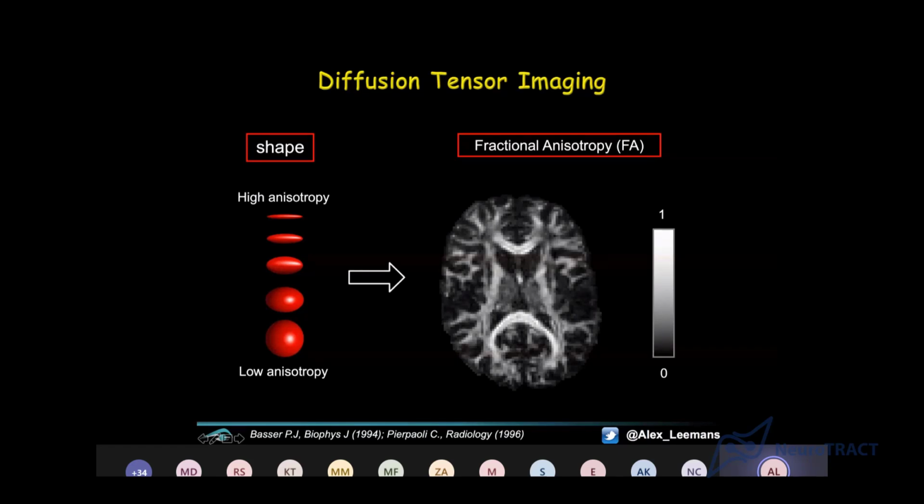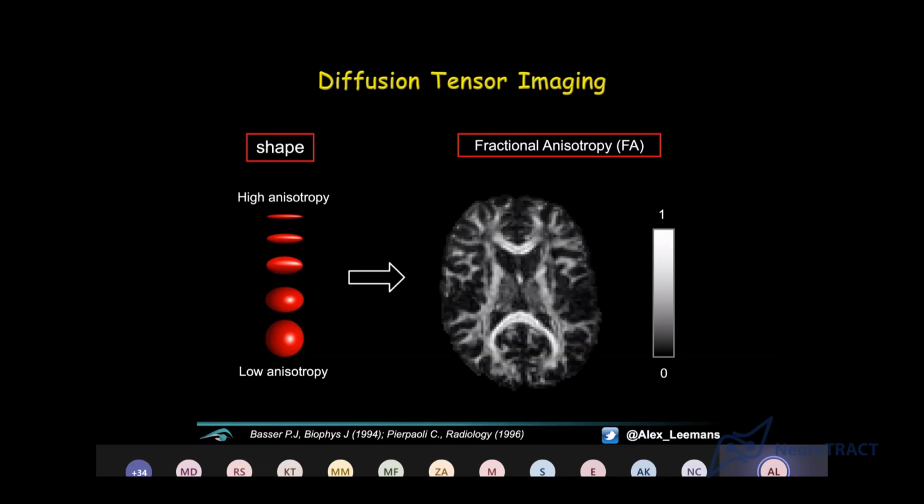And one elegant way to create a map is to look at the shape of this ellipsoid. And you can quantify this anisotropy with a measure called fractional anisotropy. It's basically a kind of normalized standard deviation of your diffusivities along the different axes, right?